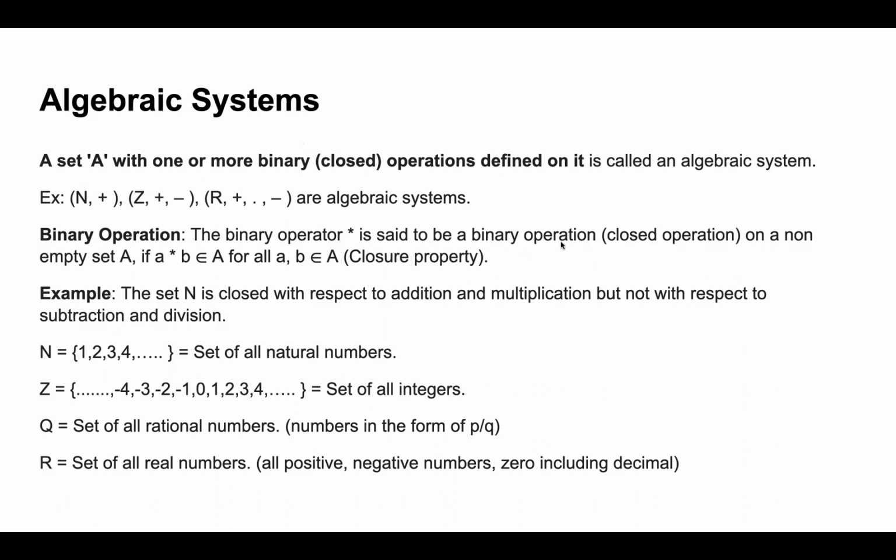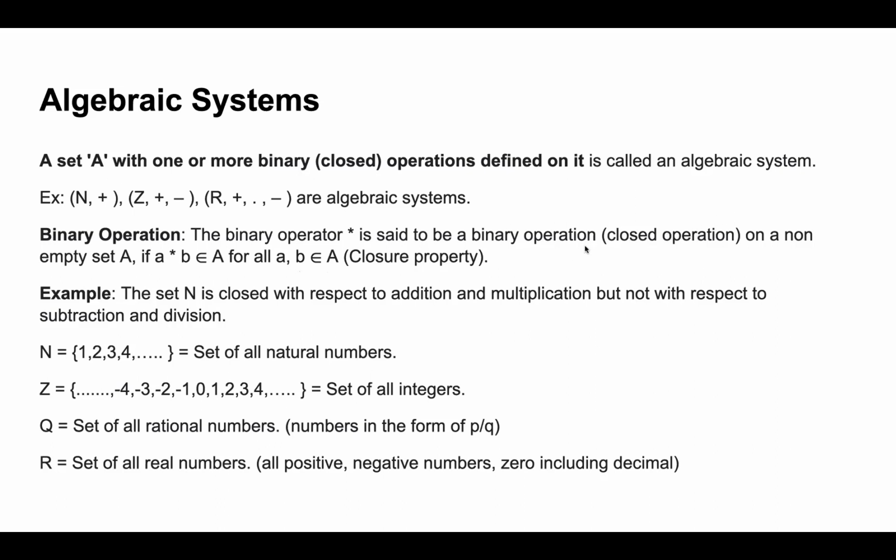It is said to be a binary operation, a closed operation, on a non-empty set A if A star B belongs to A for all A, B belonging to A, where A and B are elements of set A. It is the closure property or closed operation.